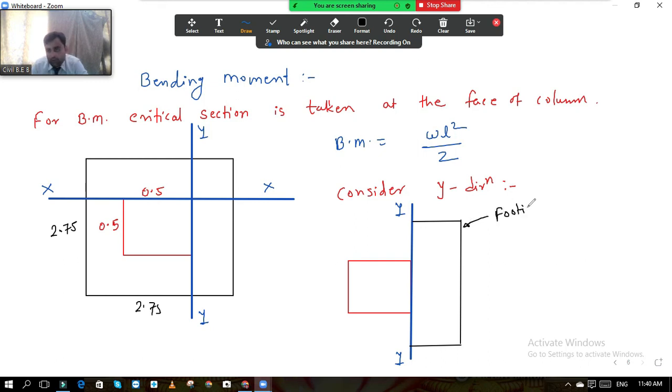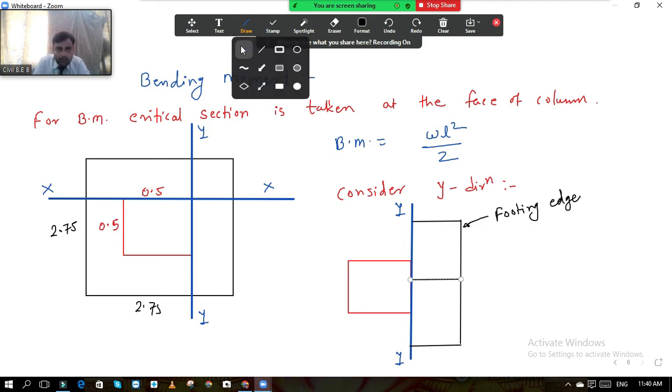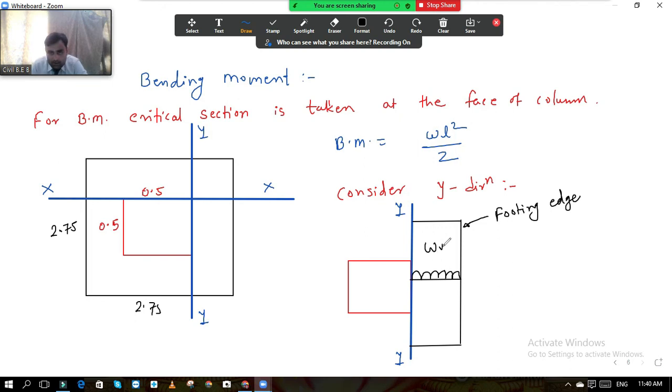Now if I consider this length, we need to calculate the UDL which is acting on this length. Let us say this UDL is WY. We don't know the value of WY, we need to calculate it.